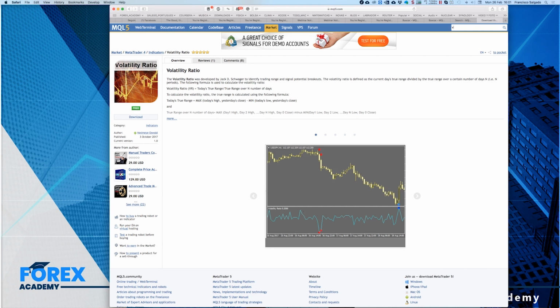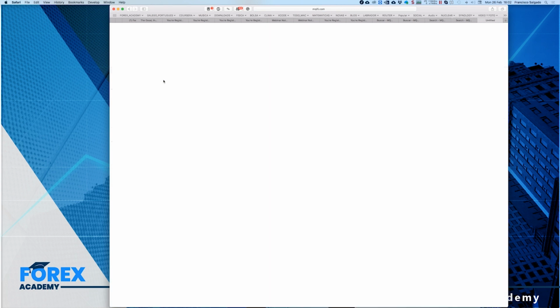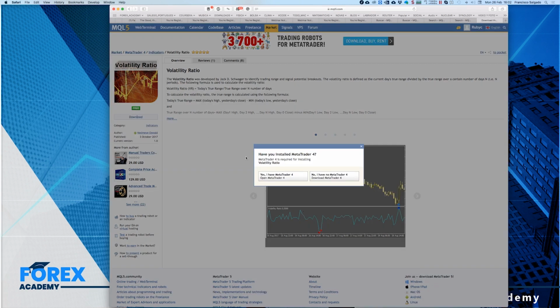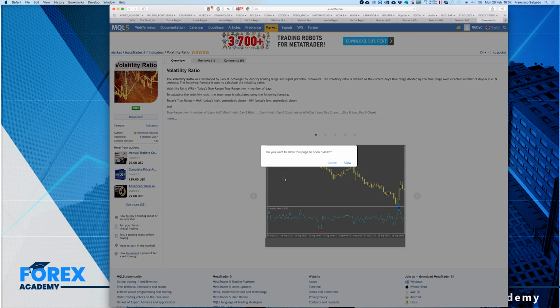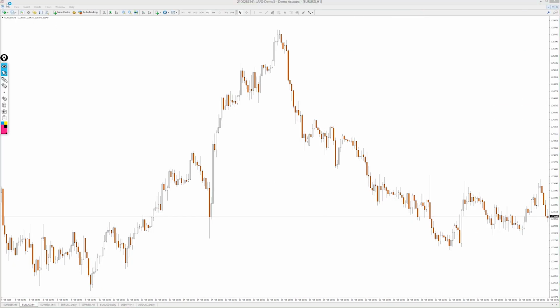We type volatility, and the first one, volatility ratio, is the one we look for. It is free, so we download it, and we install it automatically in our MetaTrader 4, allowing it, and here we are.